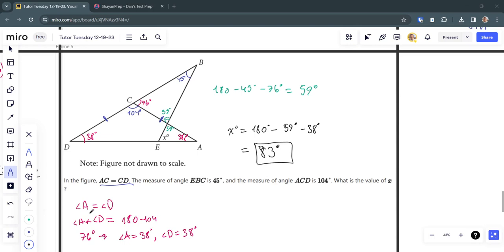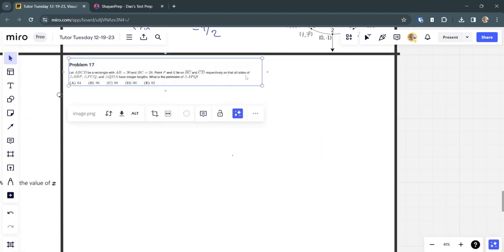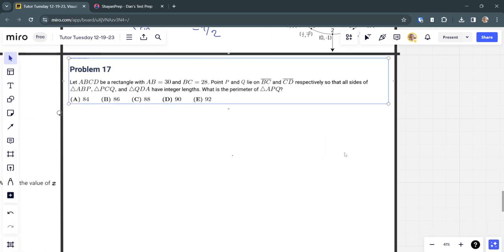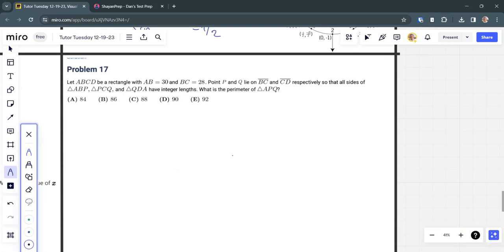I see we got an AMC problem in the chat. We could try that out. Looks pretty tough. Let ABCD be a rectangle with AB equals 30, BC is 28. So let's see how we could draw that.